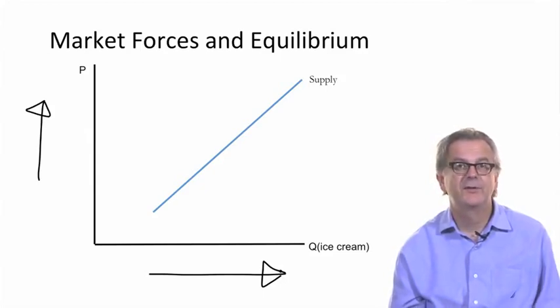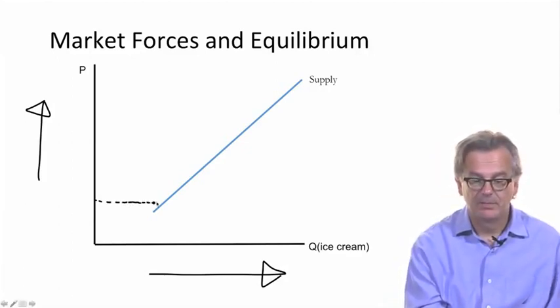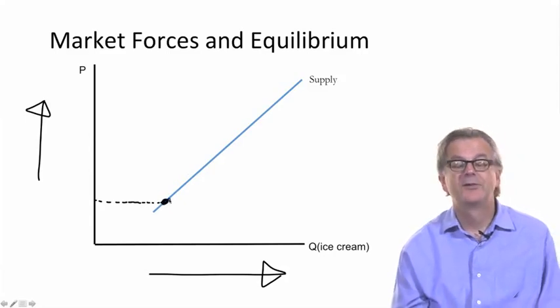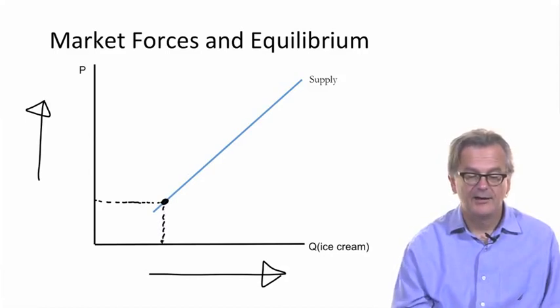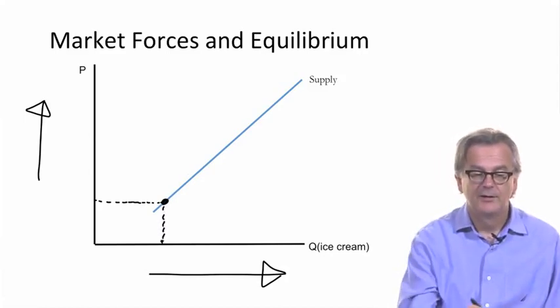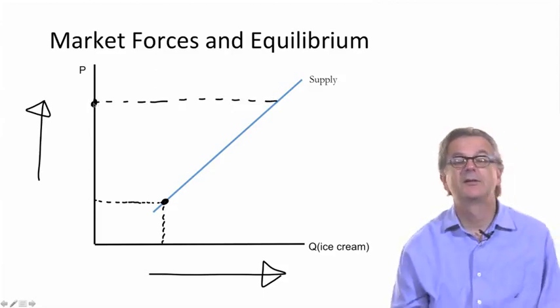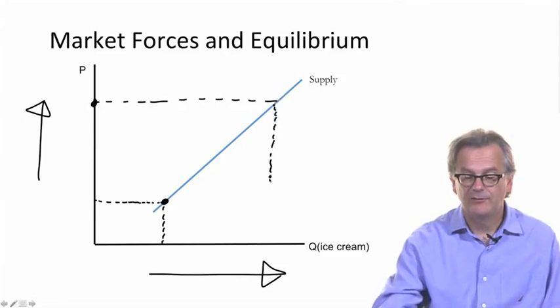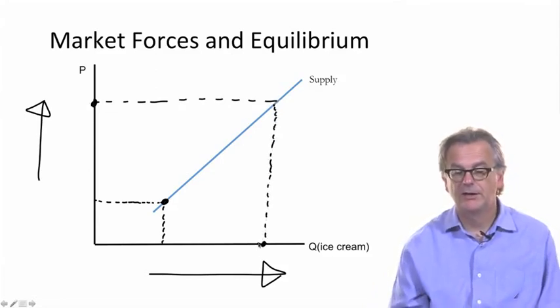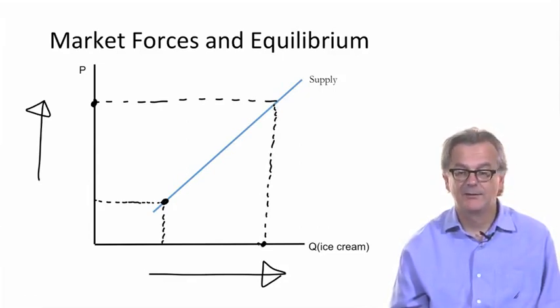But for our purposes, we can just operate at a very intuitive level which simply says if suppliers of ice cream only receive a relatively low price for that ice cream, then they're unlikely to supply a great deal of it. But should market forces dictate that the price of ice cream is relatively high, then there are profit opportunities there that firms might be able to take advantage of if they supplied more ice cream to the market.